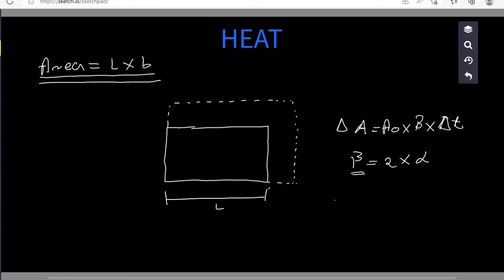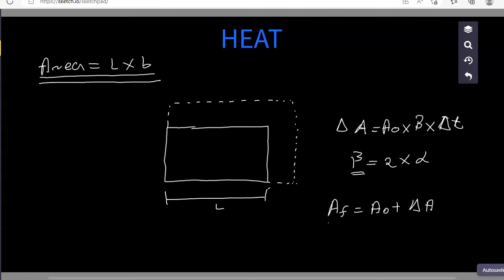So in this case, we are going to say the final area is equals to the original area plus the change in area when we are having what? Temperature increase.